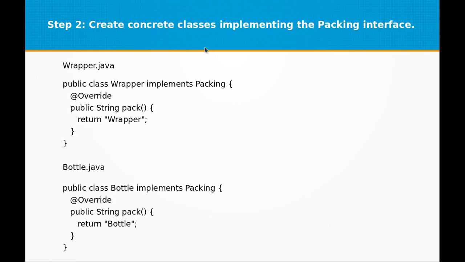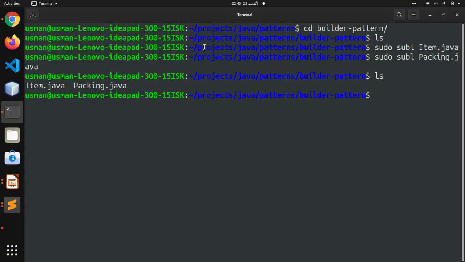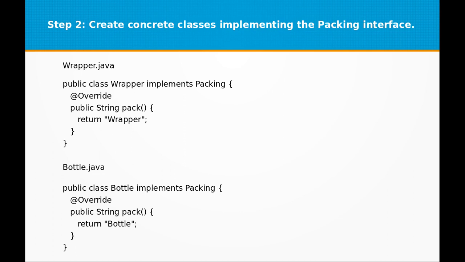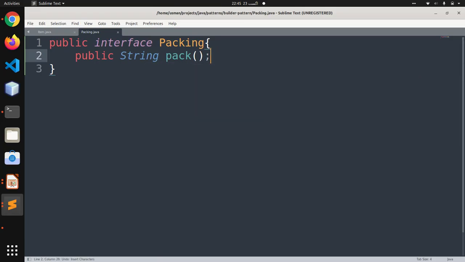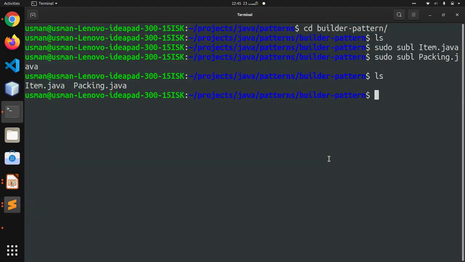In step 2, we will be creating concrete classes implementing the packing interface. So we have two top level interfaces, one is item and one is packing. Now we are going to create two concrete classes, one is wrapper.java and one is bottle.java. So let's create wrapper.java first. Let's save this.